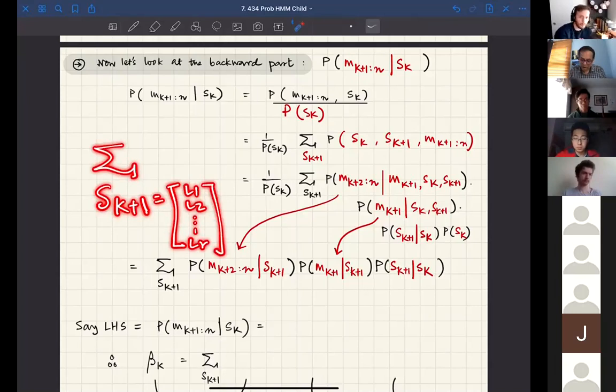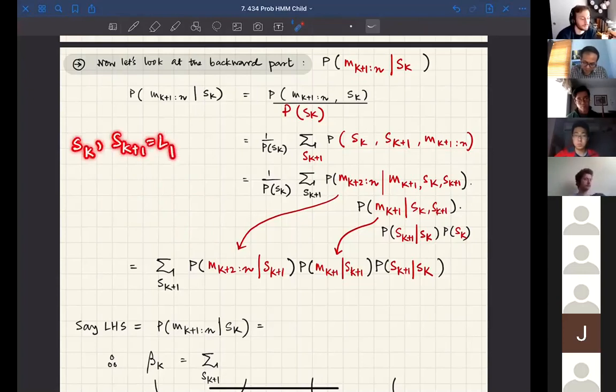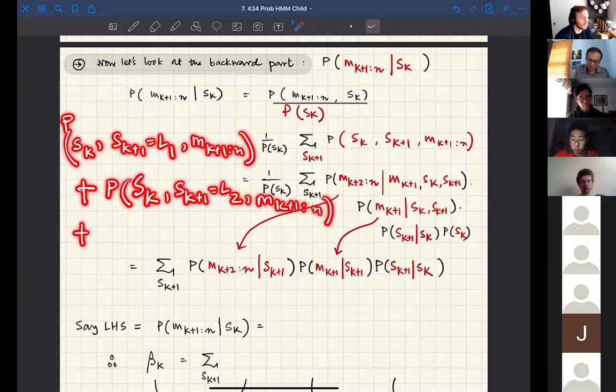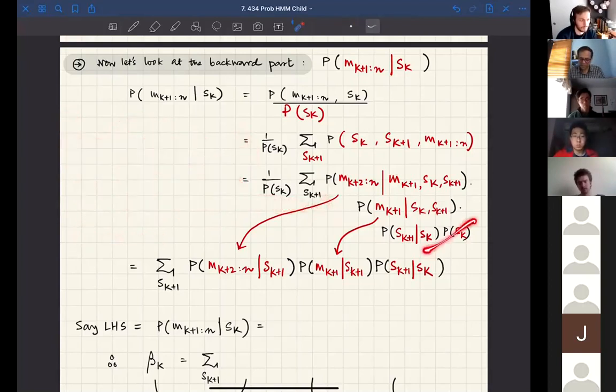So you add this, this becomes sk plus 1 equals L1, mk plus 1 to n, plus sk plus 1 equals L2, mk plus 1 to n, plus. You keep doing this for all values of sk plus 1. That is what it means to sum. Which means your sk is not getting affected at all, so you can cancel off this sk and this sk.